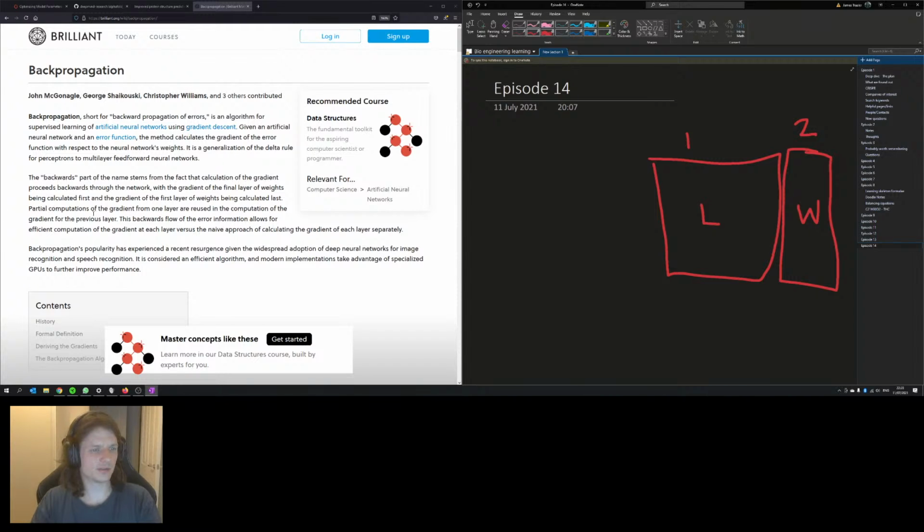Partial computations of the gradient from one layer are reused in the computation of the gradient from the previous layers.